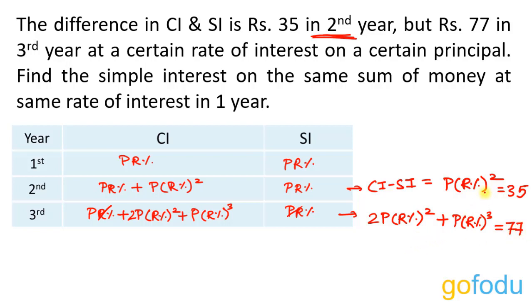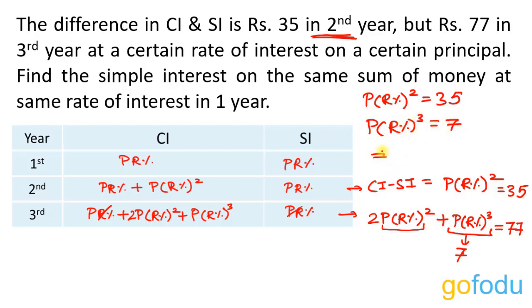Okay. So PR percent whole square is 35. This here is 35. 35 into 2 is 70. 70 will go to the right hand side and we'll get this value as 7. Okay, 77 minus 70 is 7. So I have two values, PR percent whole square as 35 and PR percent whole cube as 7.